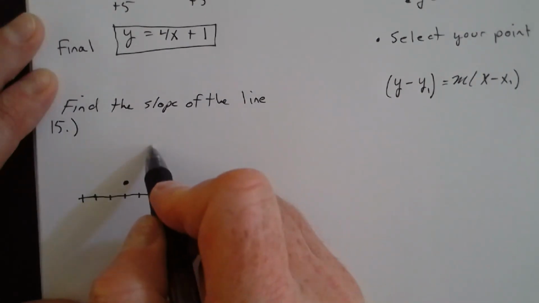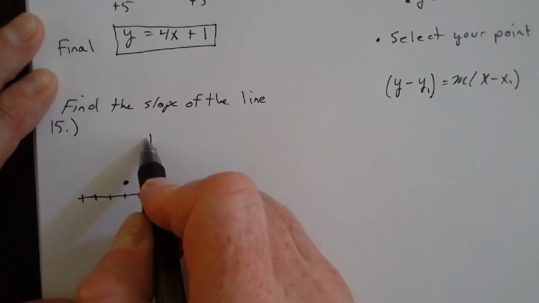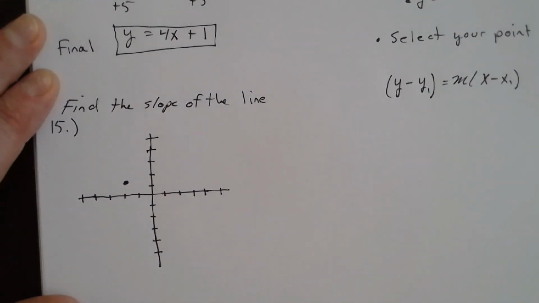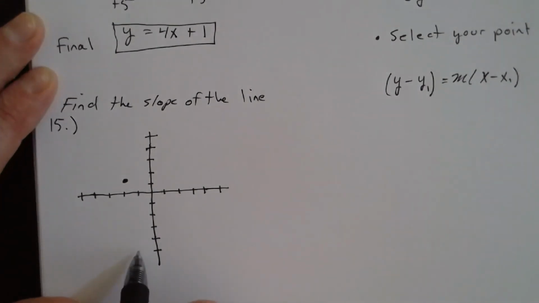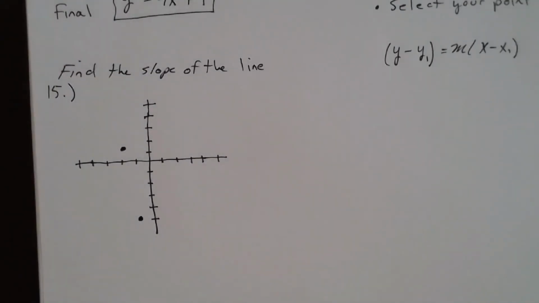I'm going to go 5 points in either direction. Put another one there. So it says to find the slope.